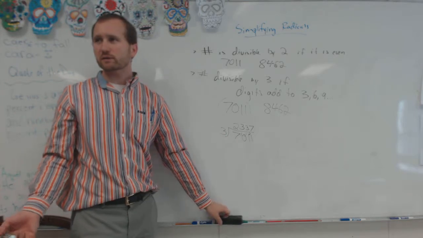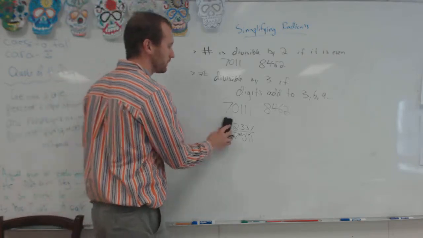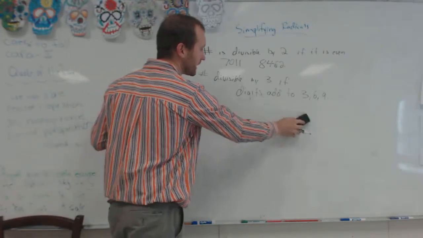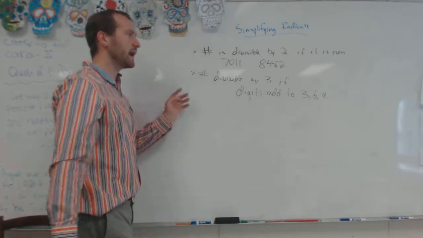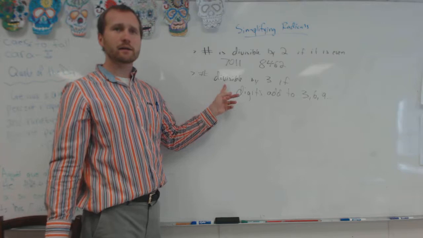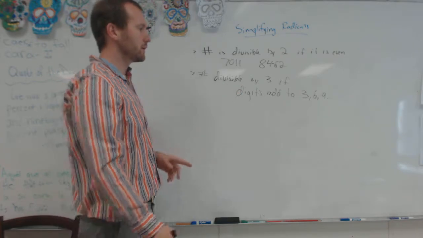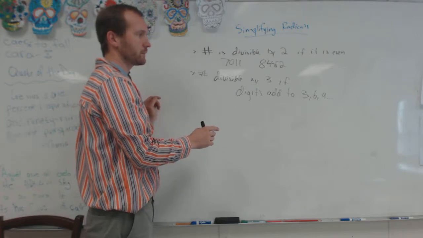But 3 is not a perfect square, so this rule is not that helpful. The rule that is helpful is 9. So a number is divisible by 9 if the digits add up to a multiple of 9.